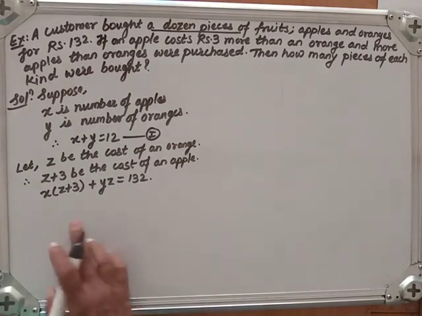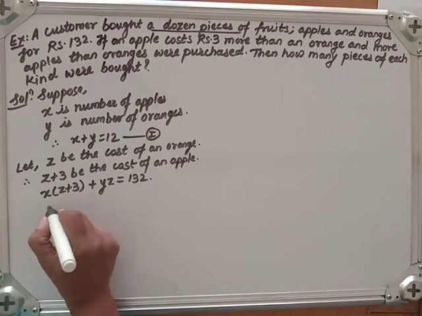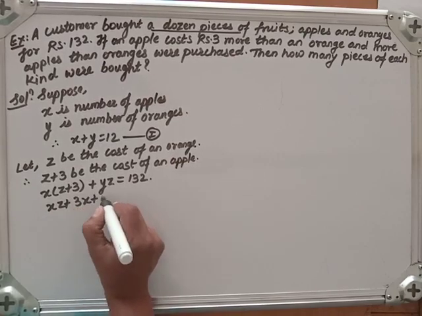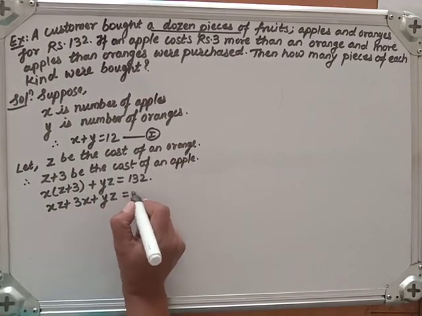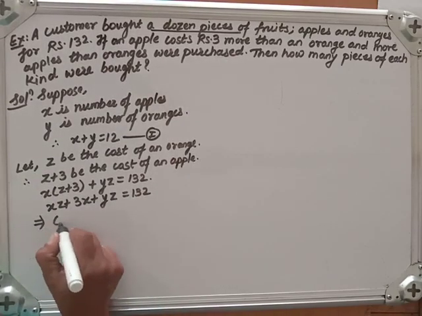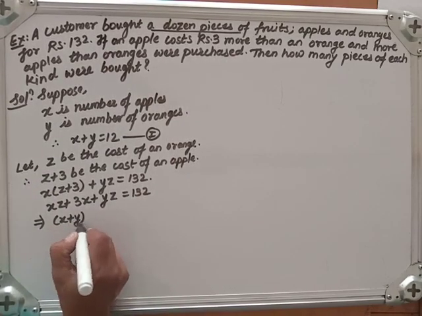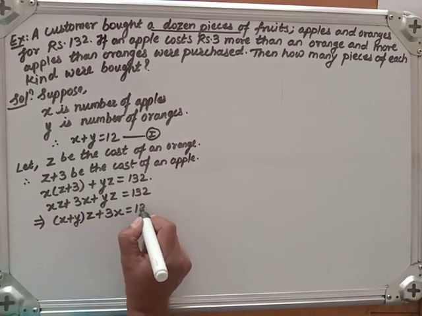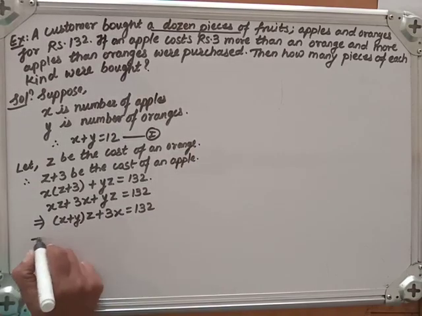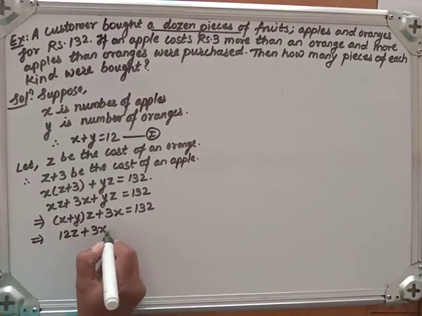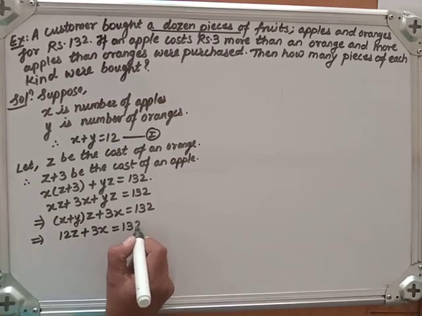So xz plus 3x plus yz is equal to 132. Therefore, (x plus y) into z plus 3x is equal to 132. This gives 12z plus 3x is equal to 132.